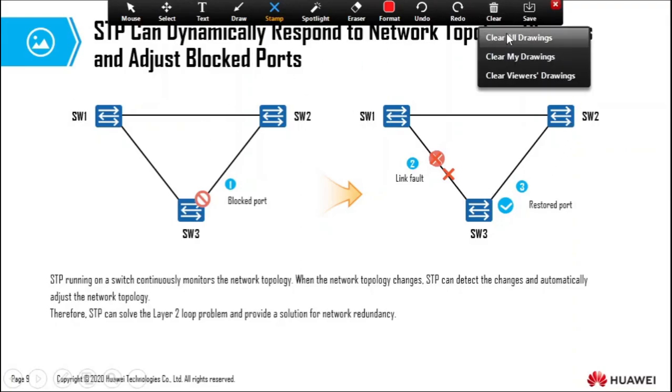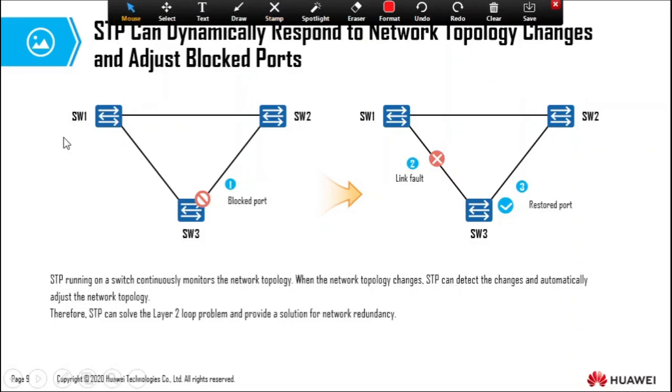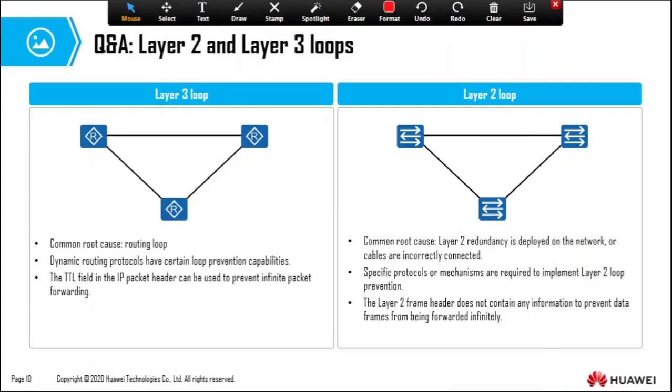So other than blocking ports, you're going to understand how we are able to monitor the topology change and reconfigure the ports. As I said earlier, loops can be categorized as layer 3 or layer 2. Layer 3 loops are called routing loops.